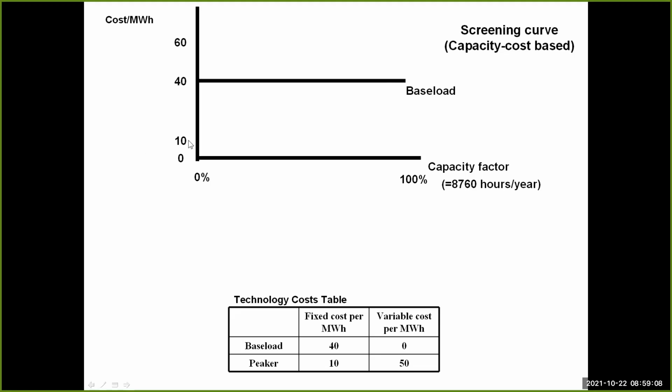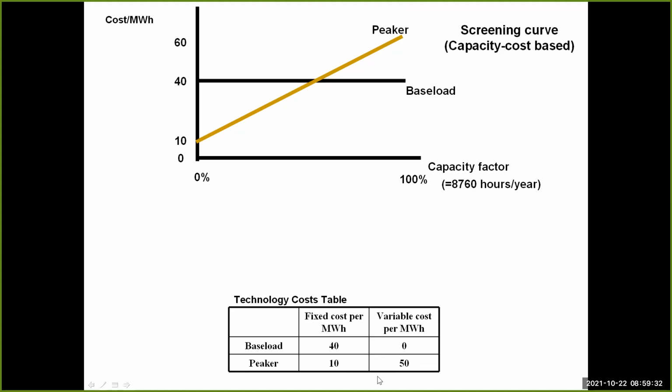The peaker always pays 10, but if the percentage increases, then also the variable costs are going to be added. So let's think, if the peaker produces 0, he pays 10. If he produces 100%, he pays 10 plus 50 is 60.